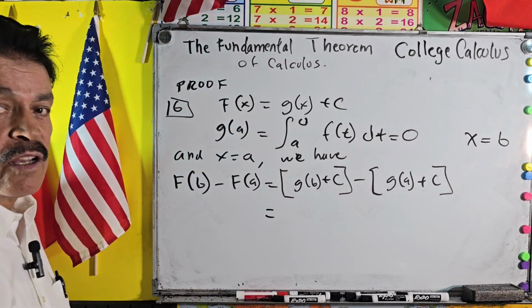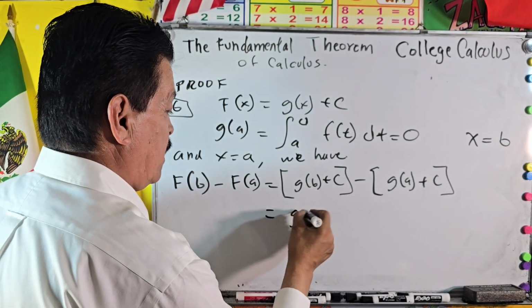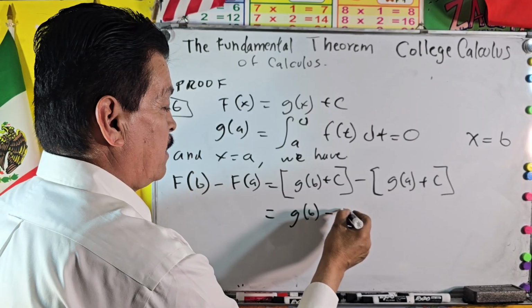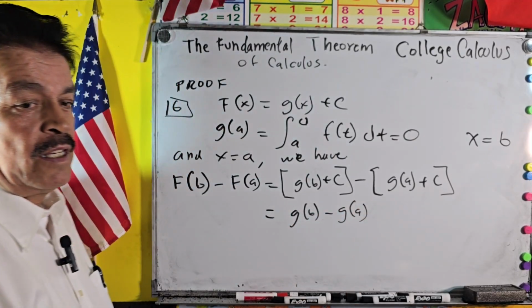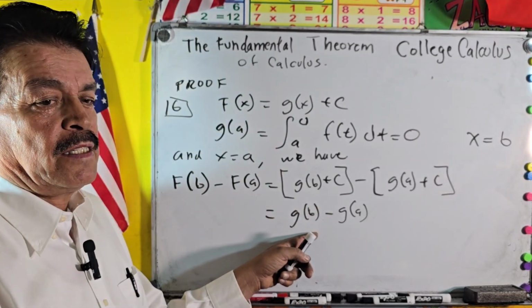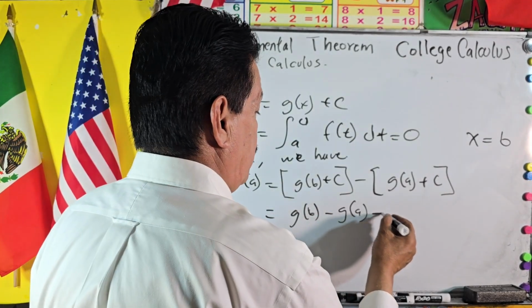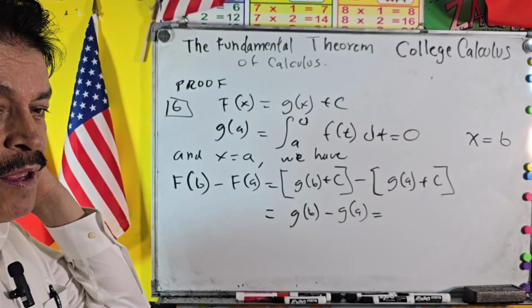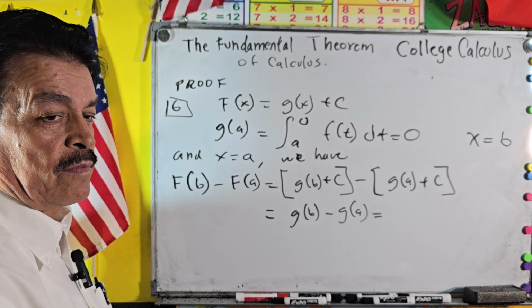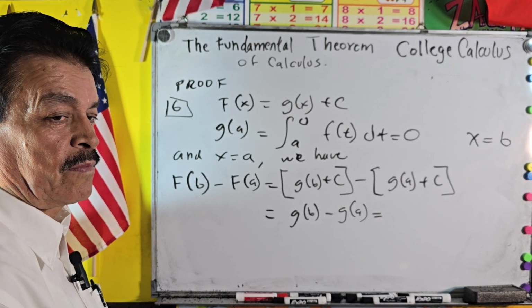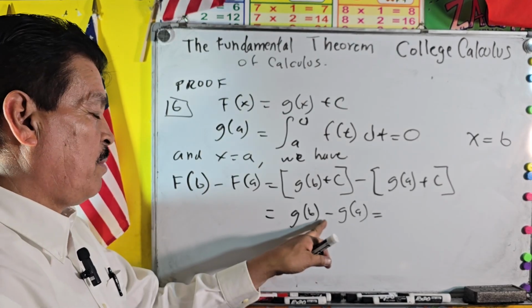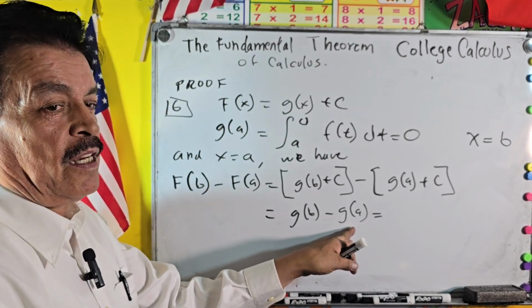So this will be equals g of b minus g of a. We are going to solve some problems.